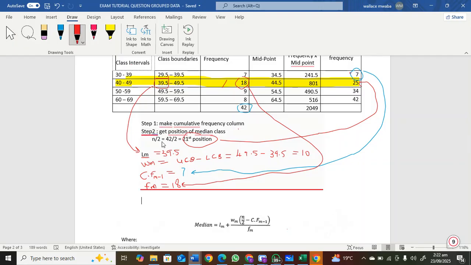With this formula here, lower limit 39.5 plus our class width 10, then brackets, n divided by 2, the position of our median class 21, minus the cumulative frequency before the median class 7, divided by the frequency of the median class 18.